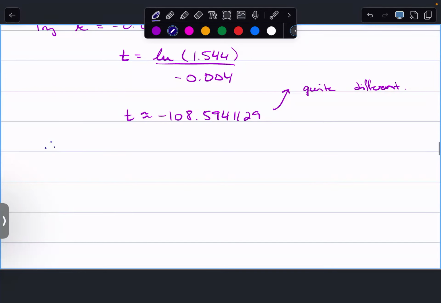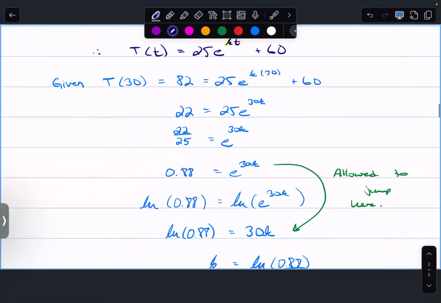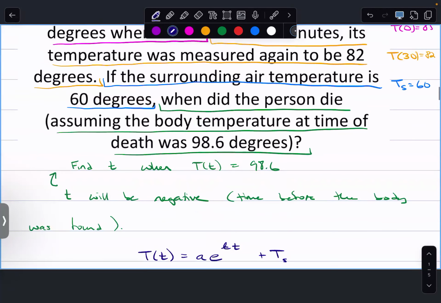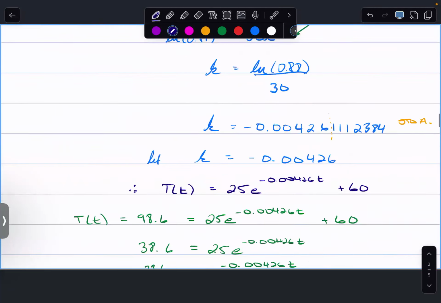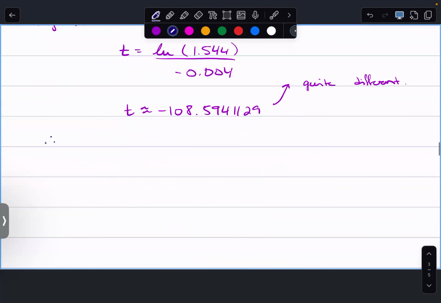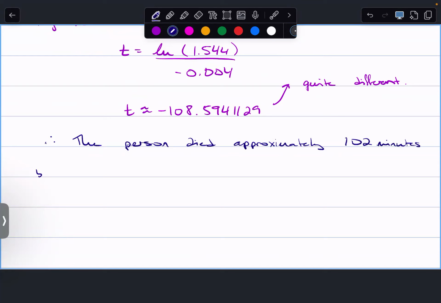And so therefore, I don't want to talk about the murder. What's it say? I guess the person died. Approximately 102 minutes before being found.